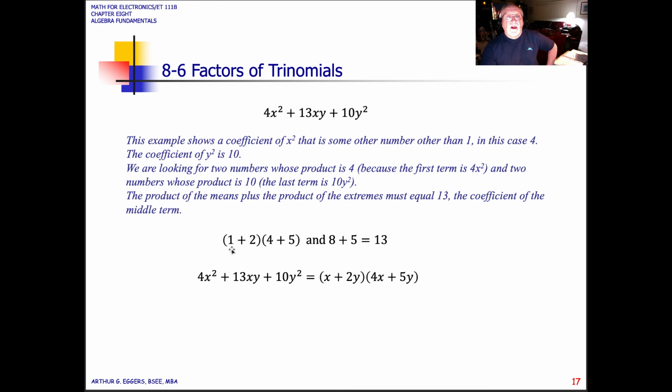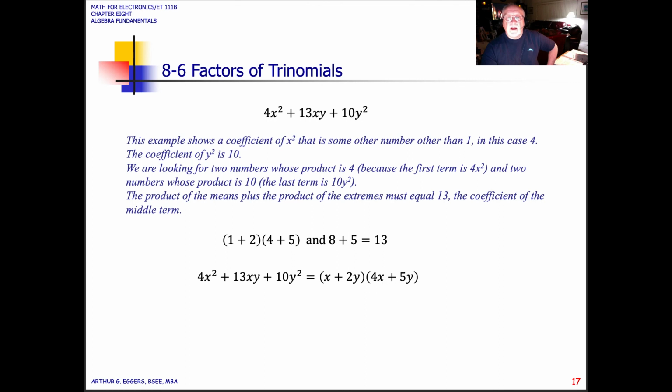So if we take our values 1 plus 2 and 4 plus 5 and 8 plus 5, which will equal 13, we will end up with values for each of our terms: 1, 2, 4, and 5.